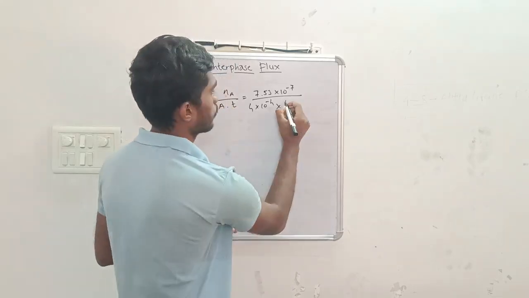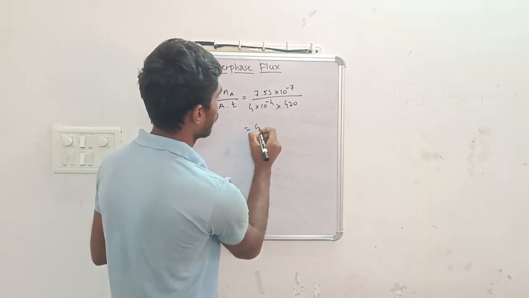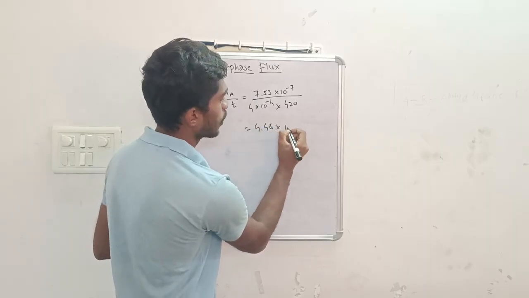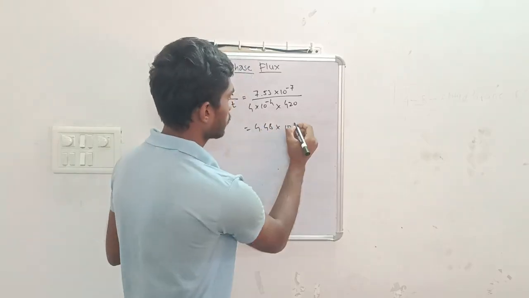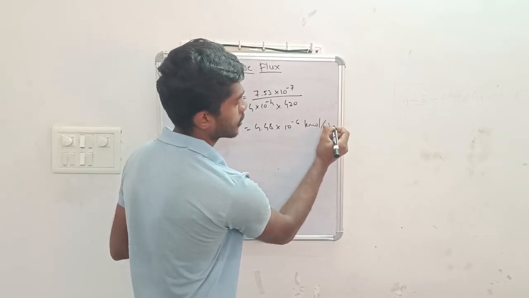Time we know is 420 seconds. It is equal to 4.48 into 10 power minus 6 kilomole per meter square second.